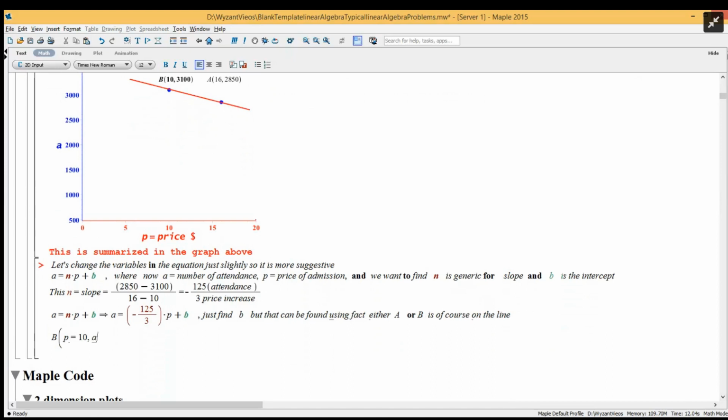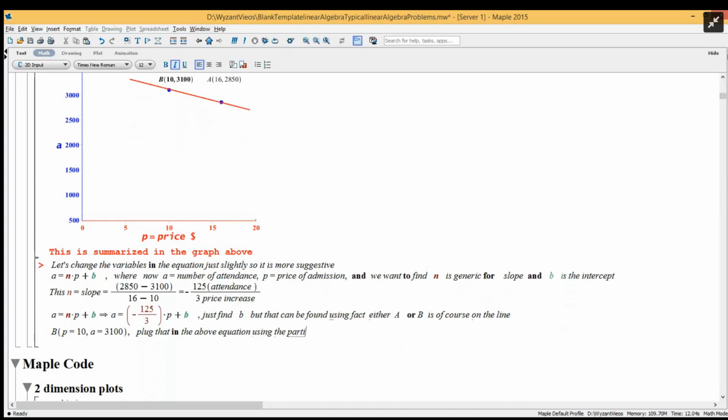So we plug that into the above equation, using the particular value of the slope, or the marginal demand, fancy word, $20 word.